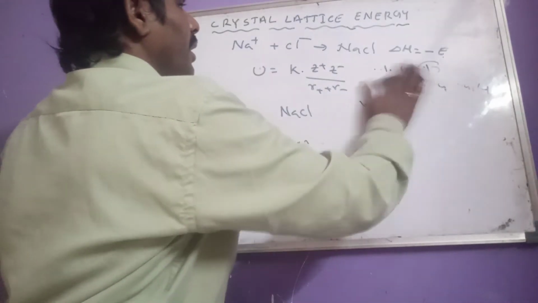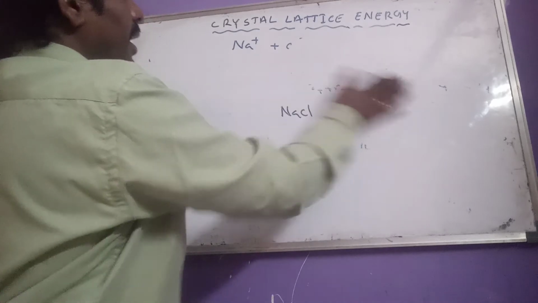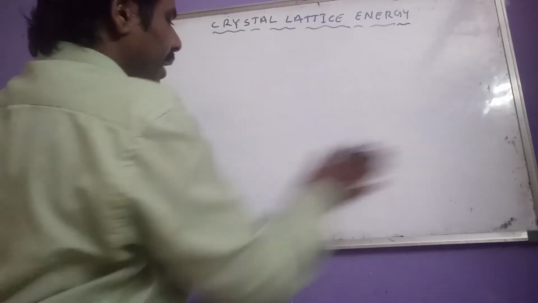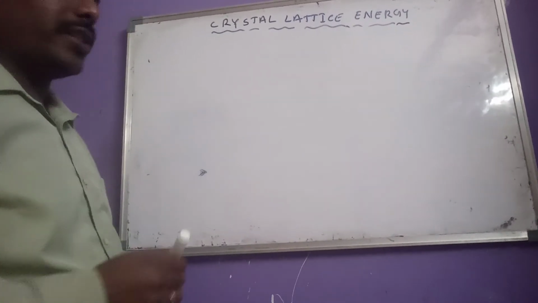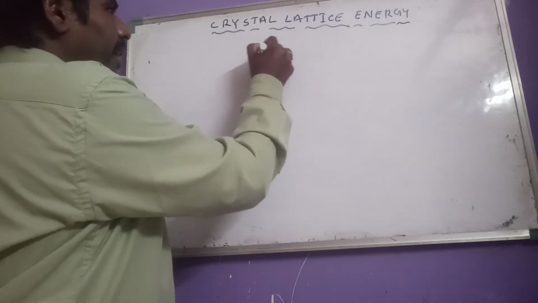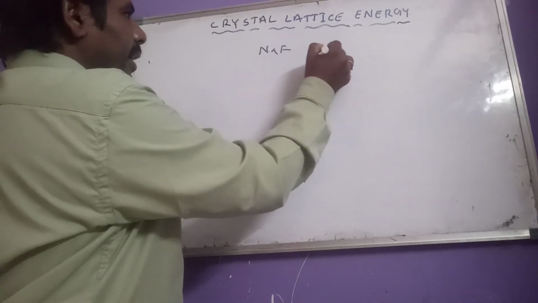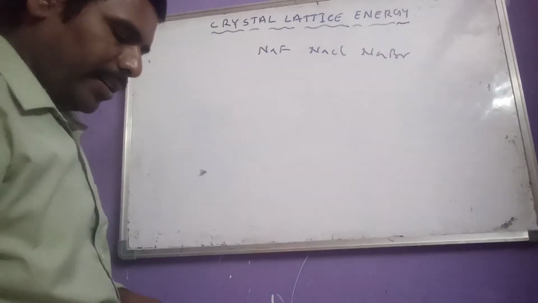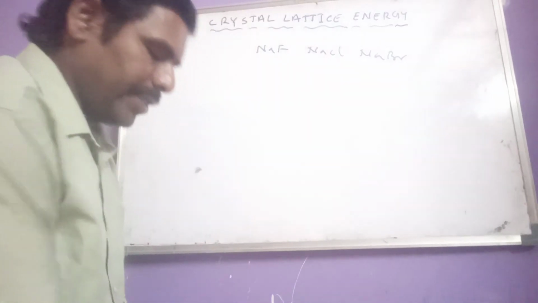Then, crystal lattice energy is inversely proportional to the radii. So what questions can we get here? NaF, NaCl, NaBr: what is the order of crystal lattice energy?